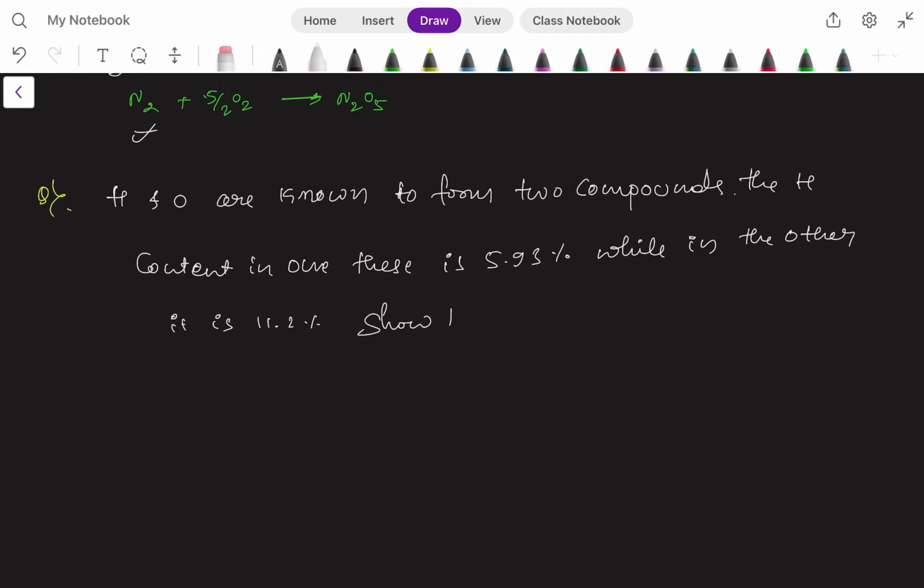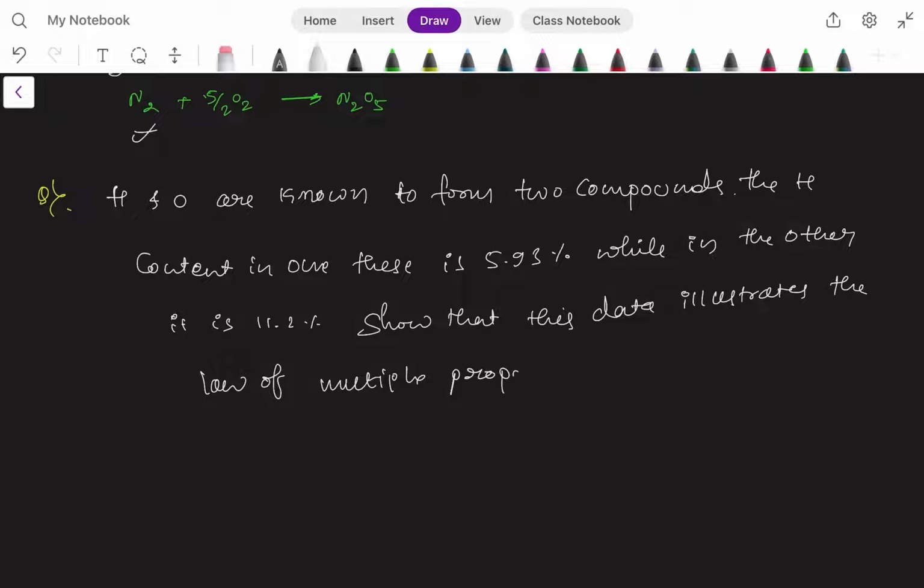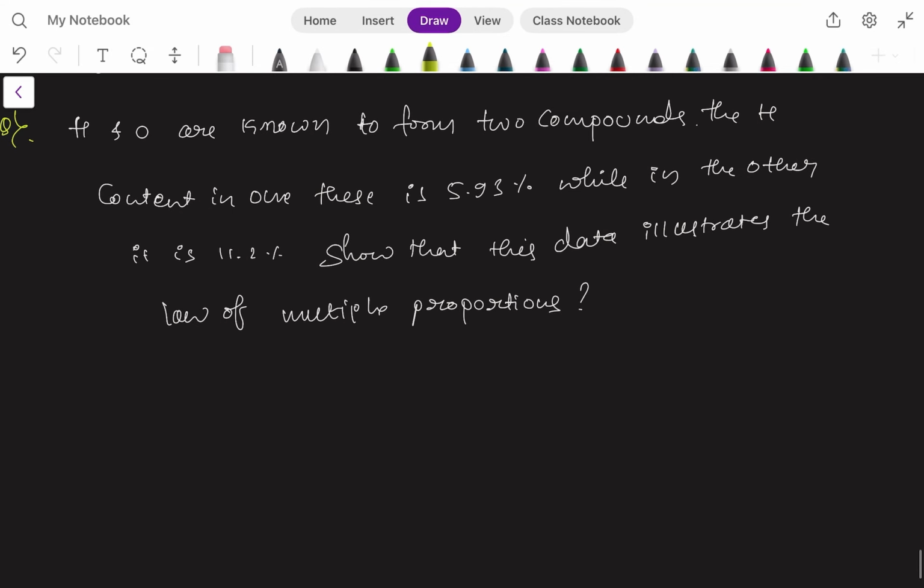Show that this data illustrates the law of multiple proportion. This is our question. We have to prove that here it is combining in a simple whole ratio again.